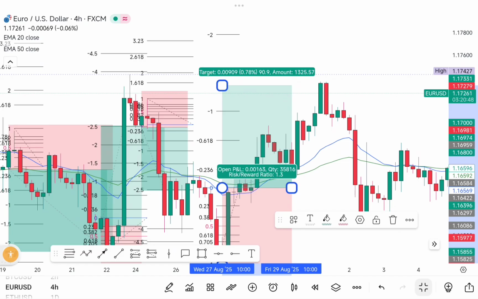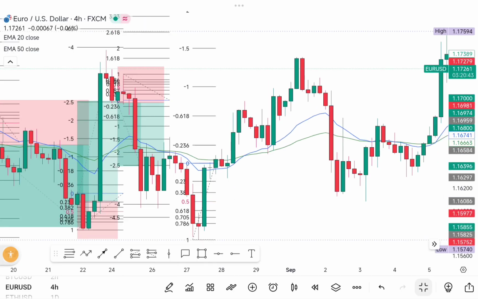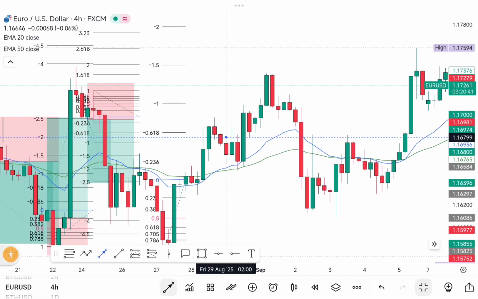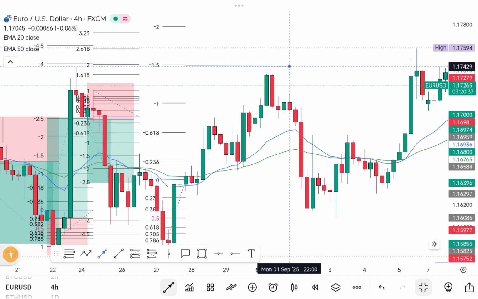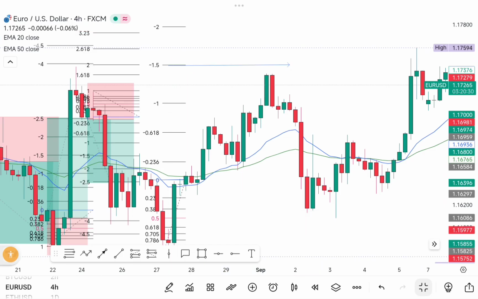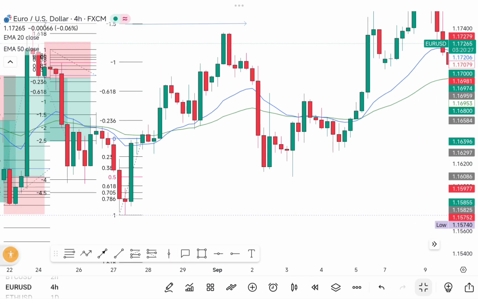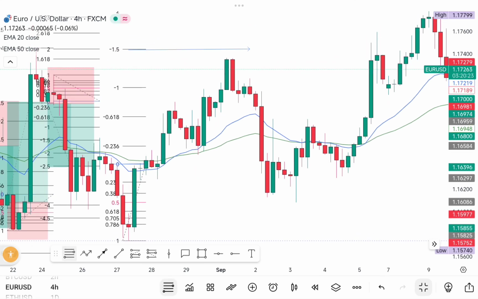Looking at this projection, you find out that the price didn't make it to the minus 1.5, but looking at the next break of structure after that level, you will find out that it actually made its minus 2.5 Fibo target.